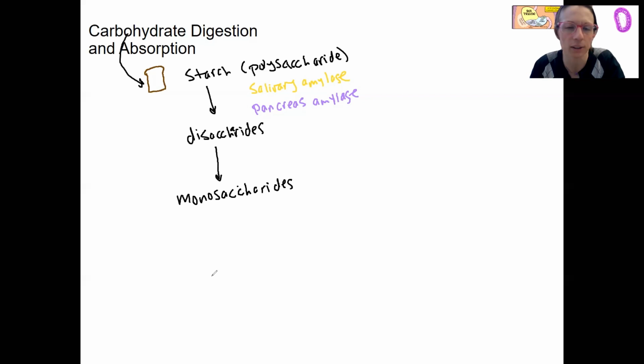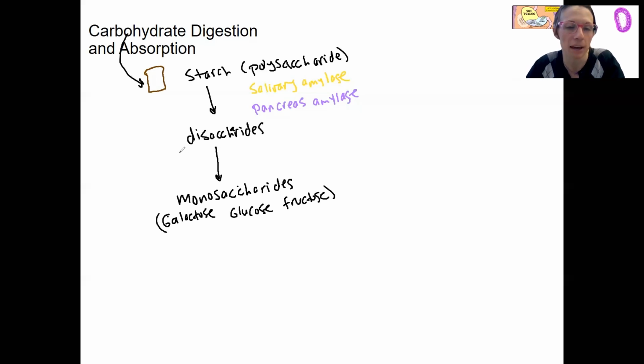I think it's supposed to be A in there. I'm not going to test you on your spelling of saccharides, okay? Monosaccharides that are absorbed include galactose, glucose, fructose. Those are common monosaccharides.